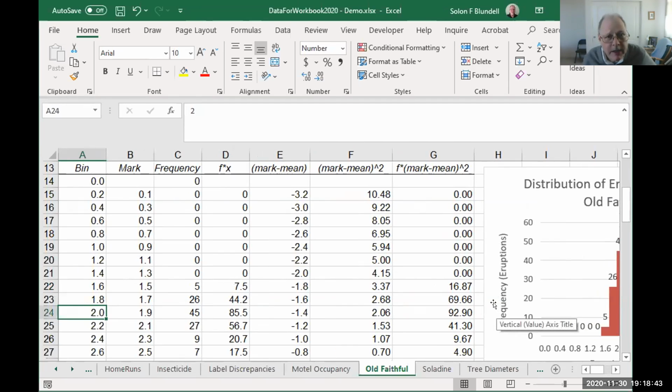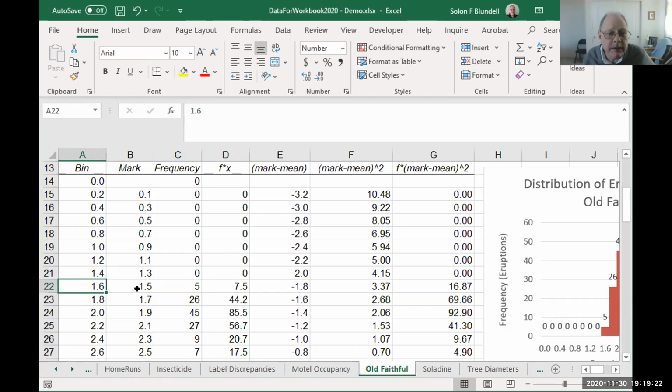If you had a raw data table, you would just add up how long each one of the eruptions lasted. You'd add up the X values for all of the eruptions. There were 299 of them, so you divide by 299. And that would give you the average, or the sample mean. Well, we don't have X values, we have ranges. So we had 5 eruptions that were somewhere between 1.4 and 1.6 minutes.